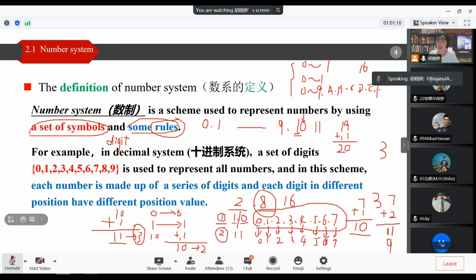Can you understand? Yes. The same form will represent a different number in a different number system. Can you understand? Yes.